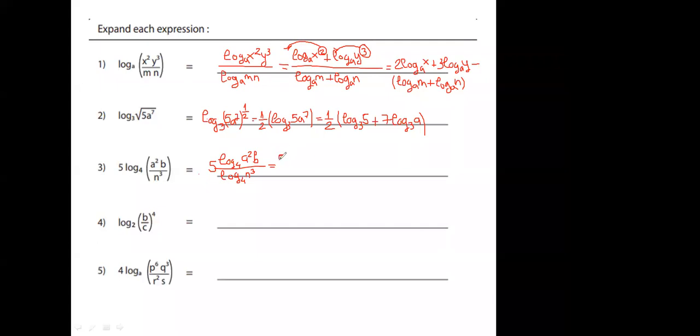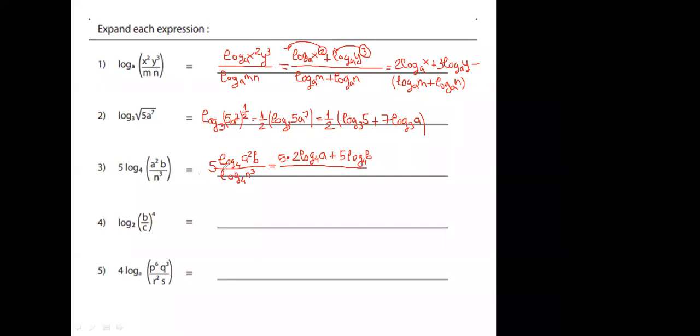Or I can write it like this to be more clear for you. So I have 2 times 5 times logarithm with base 4 of a. Then for the second one, I don't have any power on b. So I just write down 5 logarithm 4 of b.